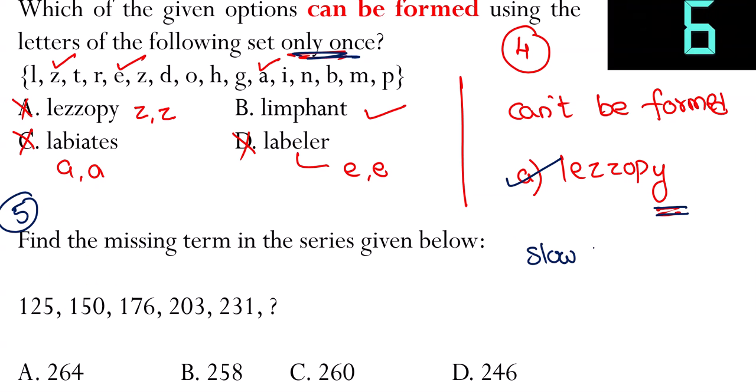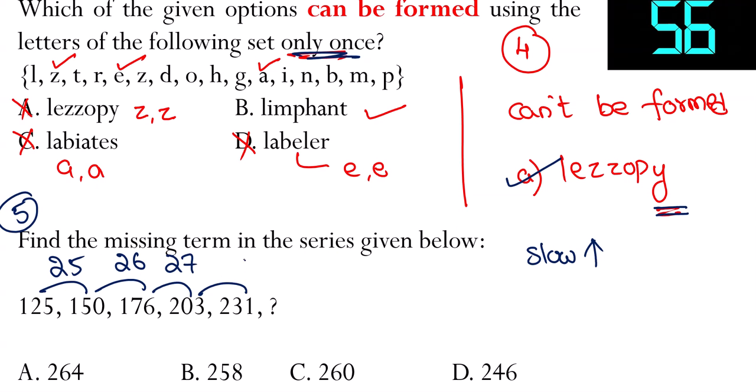Simple, what we can do: the differences are 25, 26, 27, 28, then 29, so we got 260.